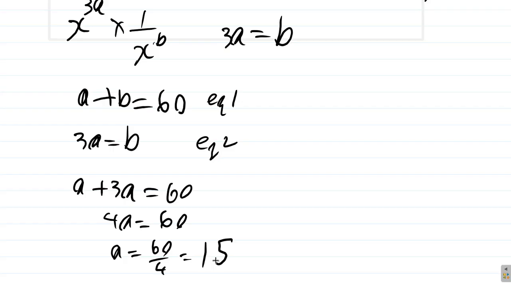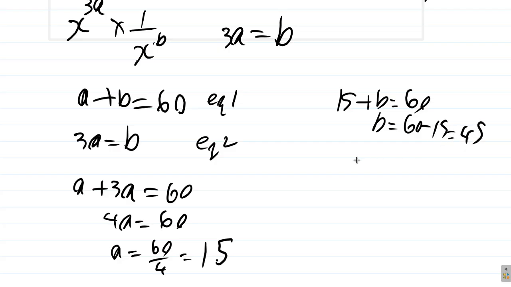So in this case, a would be 15. And then over here now, if a is 15, so 15 plus b is equal to 60. So b is equal to 60 minus 15, equal 45. So b would be 45. Right?